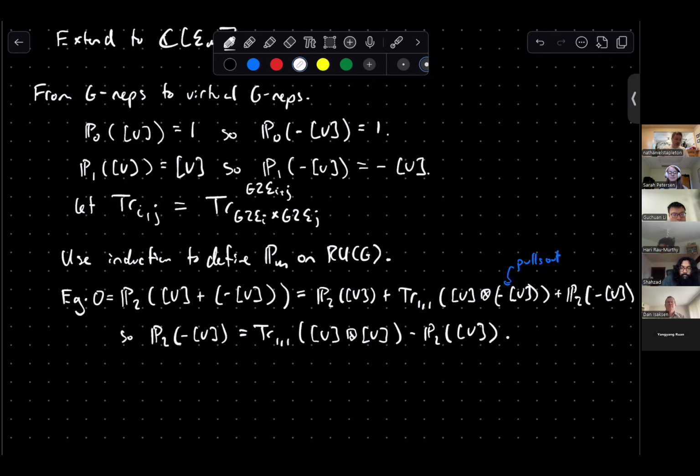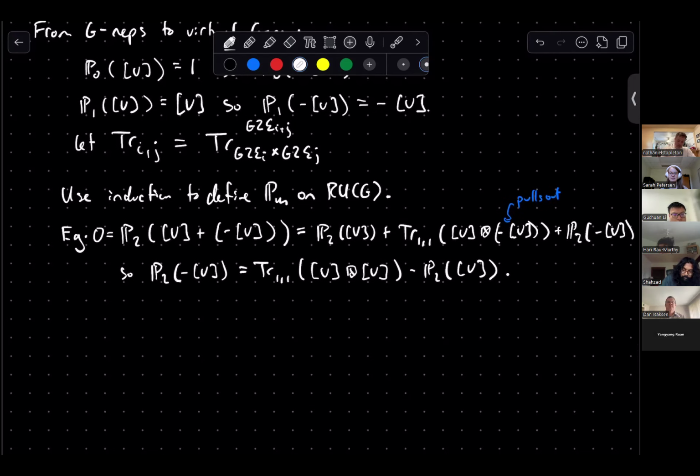You can imagine that writing down a general formula for it is not the most pleasant thing in the world. But let's do one example of a power operation because I haven't done an example for a bit. So I could do the case that G is trivial. So this is a map from Z to RU of sigma 2. RU of sigma 2 has the nice feature that it's cyclic.